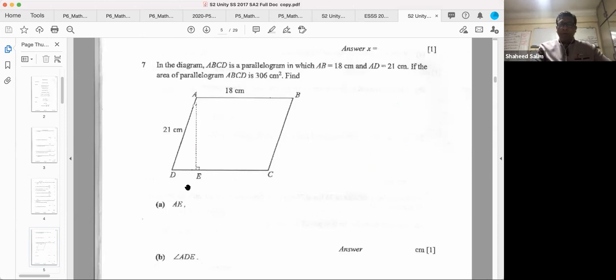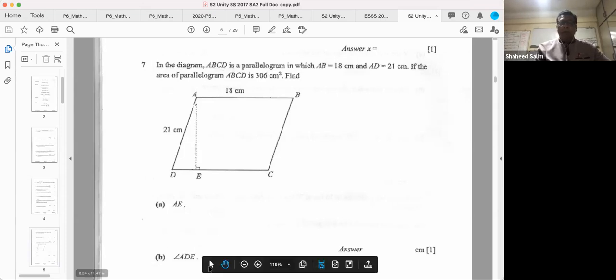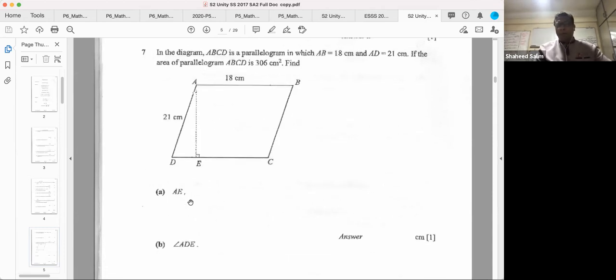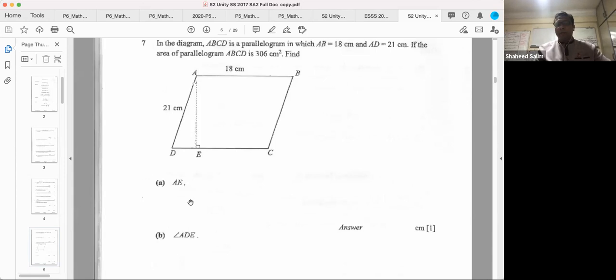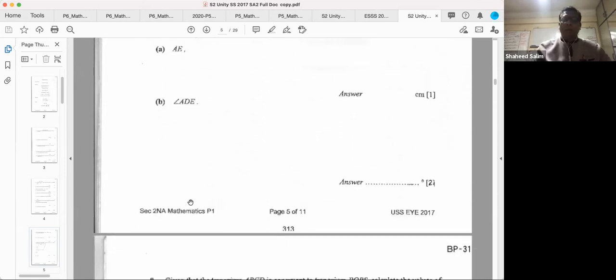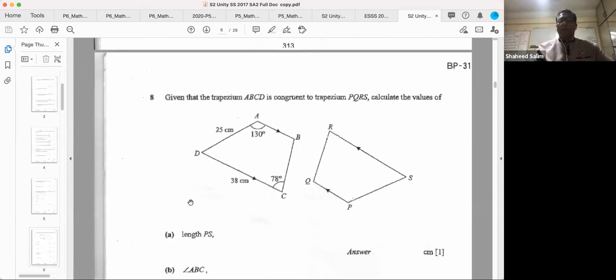This is SA2 Express, but this is a normal academic paper. The angle ADE you cannot find, unless there's a way. I don't think there's a way. There isn't, because this is a topic called trigonometry. You have not learned this one.